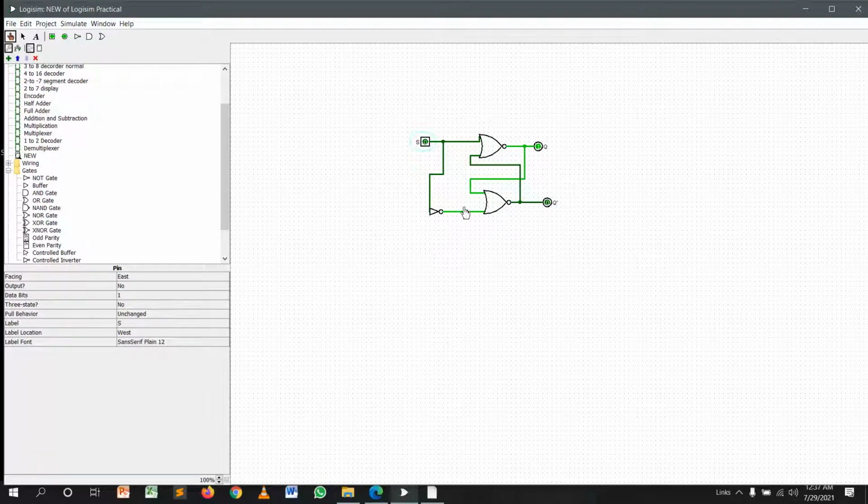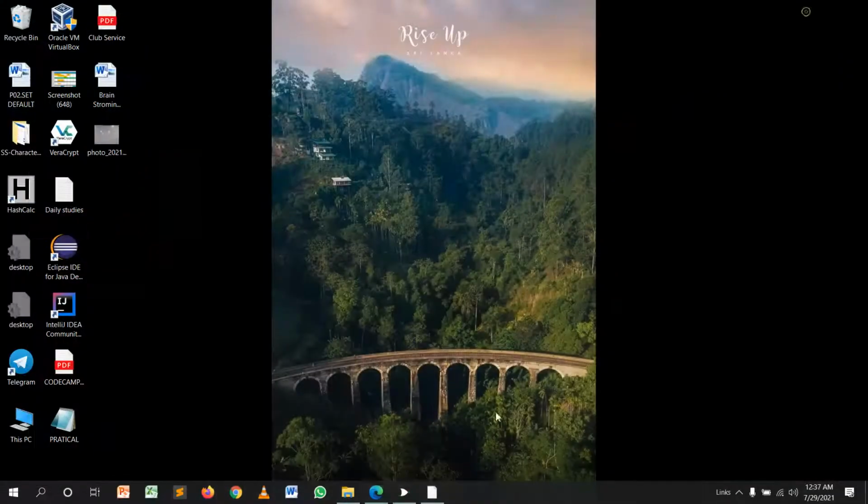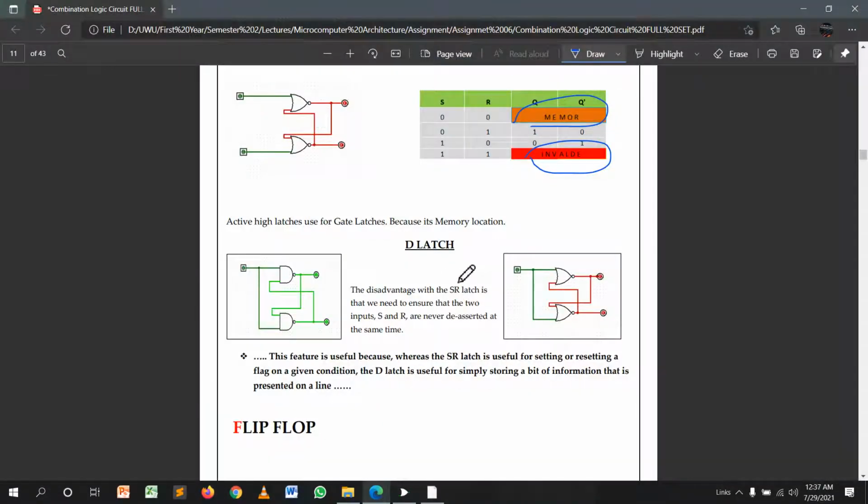When I input 0, Q is 1. When I set C to 1, Q bar is 1. So there are only two values, 1 and 0. When I input the set as 1, Q bar is 1. Set as 0, Q is 1. This is the D latch execution and the D latch.